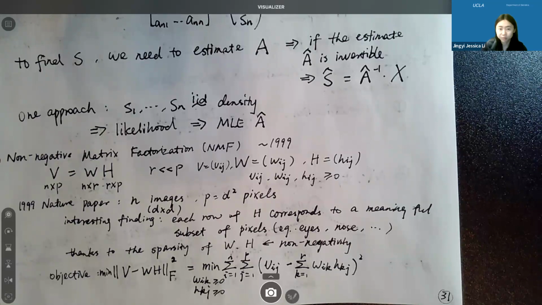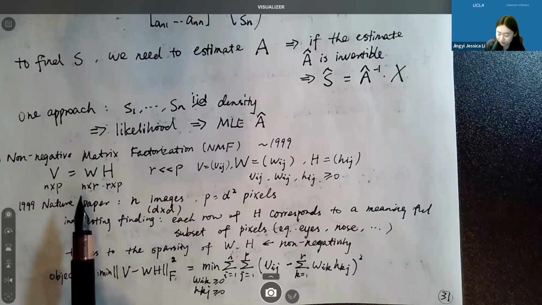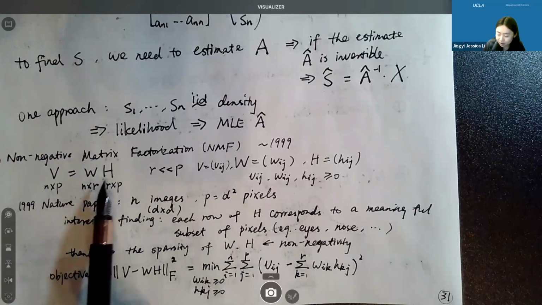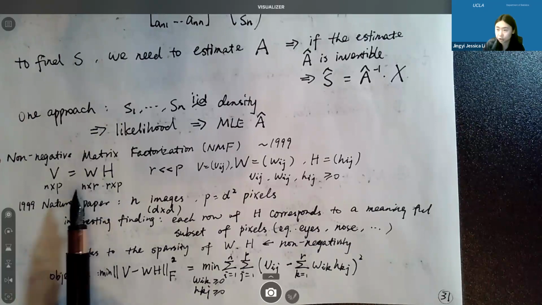Okay, so solving this objective function under the constraint of non-negativity, you can introduce sparsity. And I would say an intuition is that under the PCA, you can allow the two matrices, like the loading matrix and also the, okay, I'll talk about that later. So this is too abstract for now. Allowing for the negative coefficients can actually have some cancellation effects.